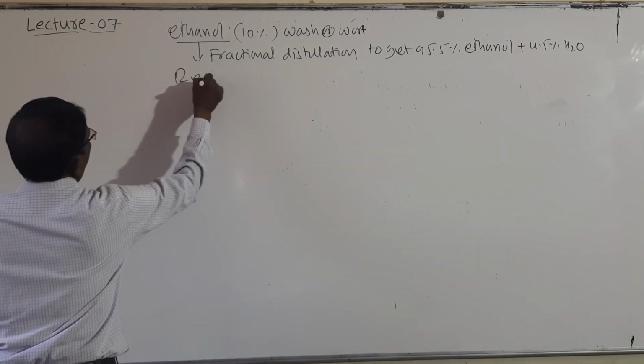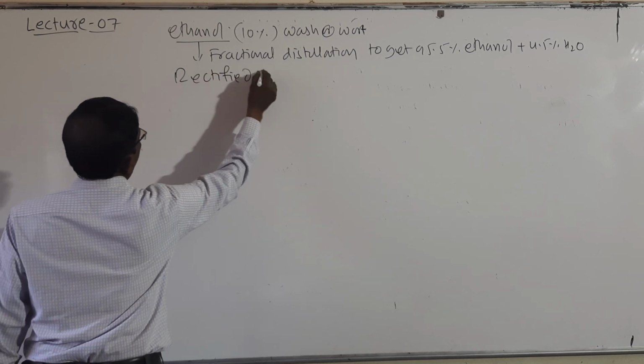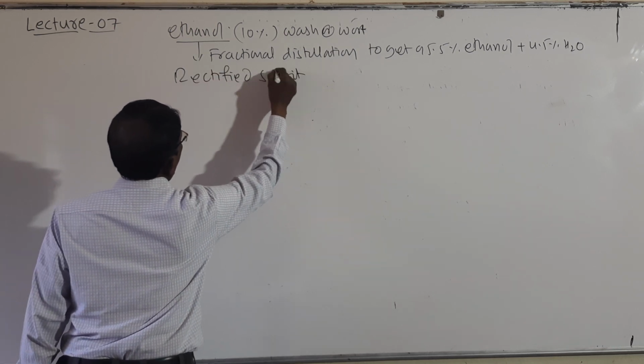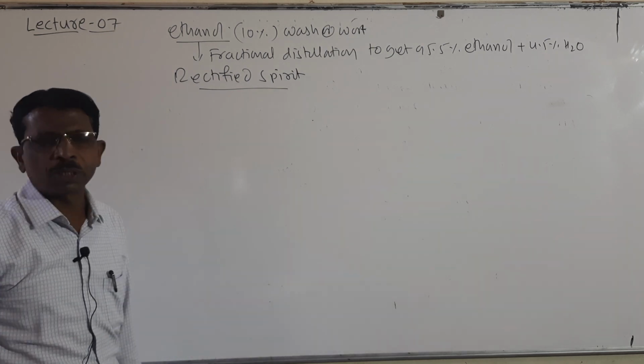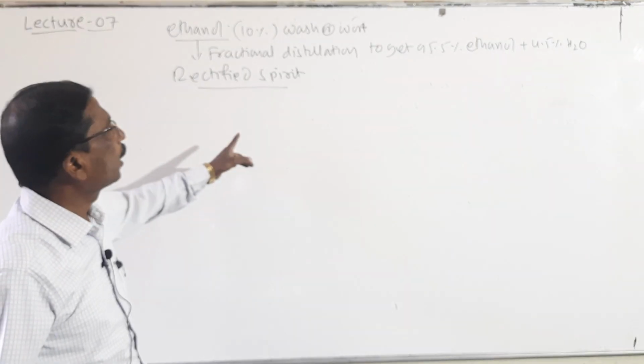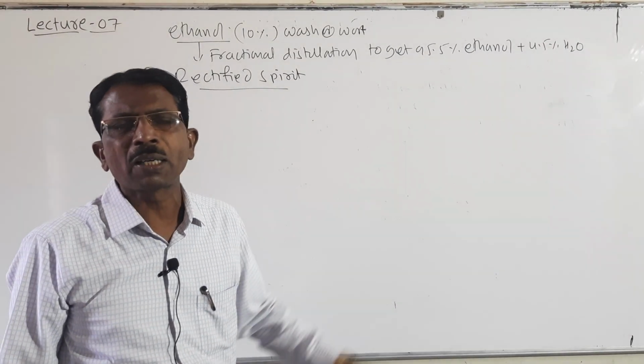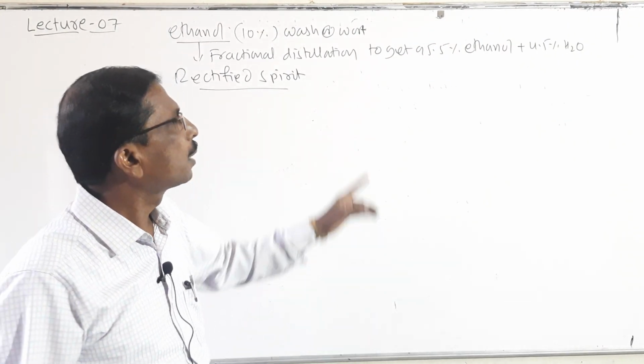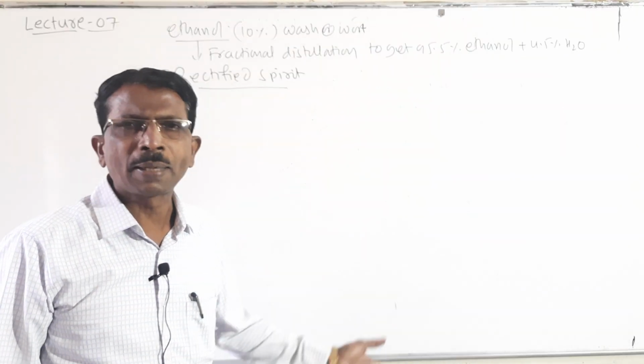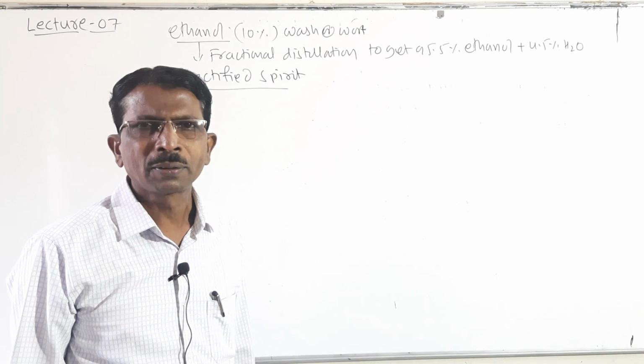It is called rectified spirit. What is rectified spirit? Rectified spirit is a mixture of 95.5% alcohol plus 4.5% water. In some books it is given as 95 to 96.